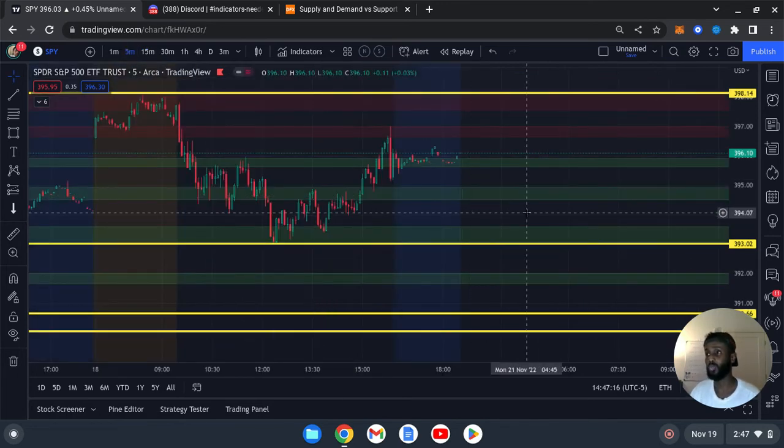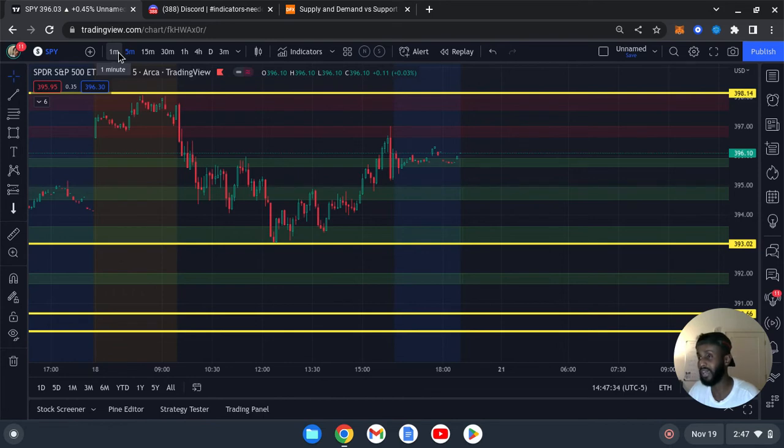These past couple weeks have been very, very choppy in the market. It's been very hard to find stocks that respect many zones just because of Fed meetings and interest rate hikes.